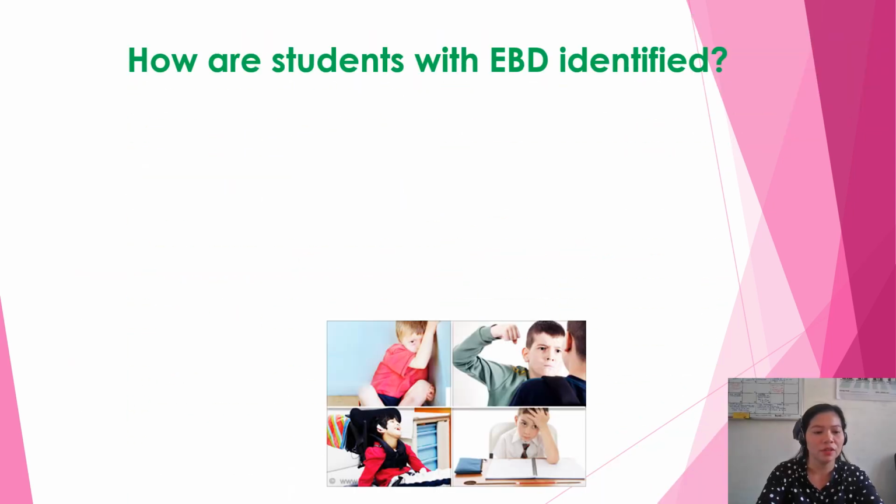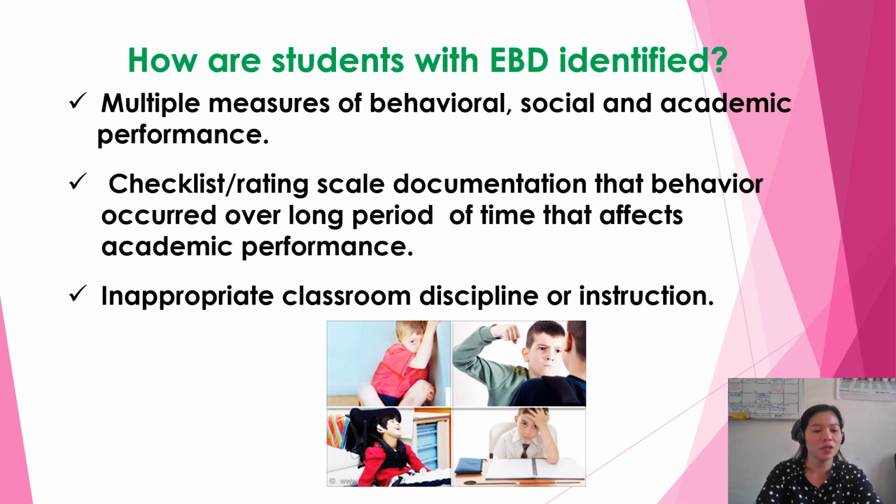In general, there are several ways to identify a student with EBD. Some students would manifest multiple measures of behavioral, social, and academic difficulties. It could be determined through interest in studies, performance in classroom activities, participation in extracurricular activities, punctuality to school, paying attention in class, or avoiding company.